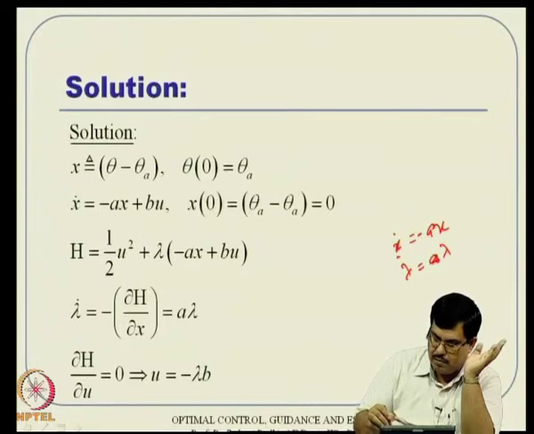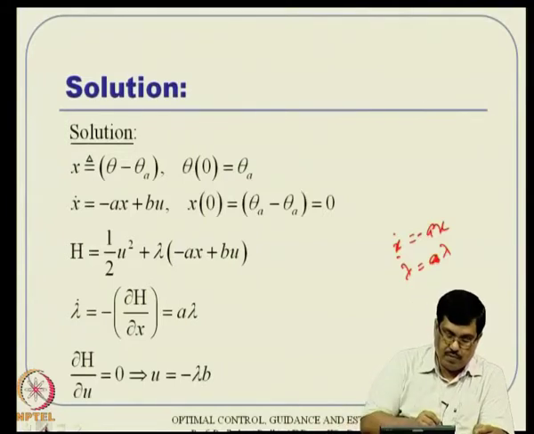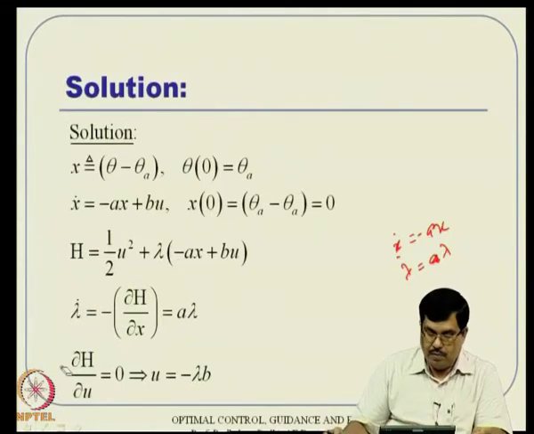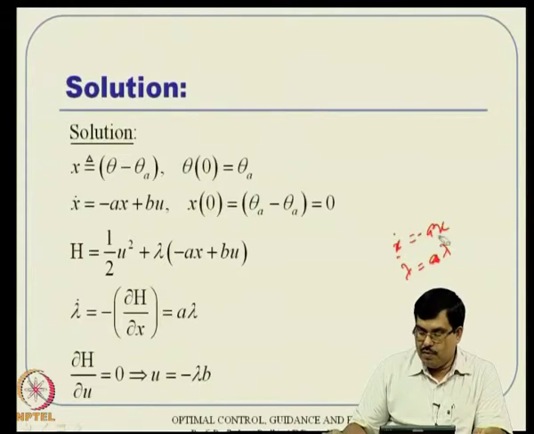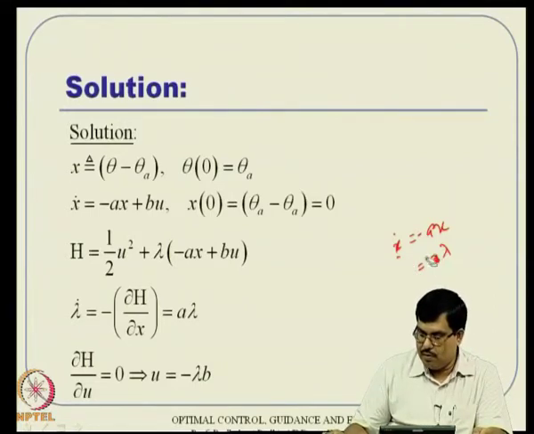If a is a positive number, then the state equation is stable, whereas the lambda equation, lambda dot equal to a lambda with a positive, is an unstable equation actually.